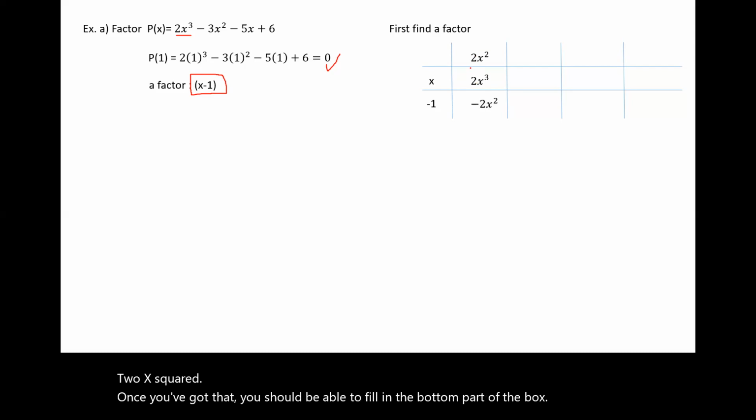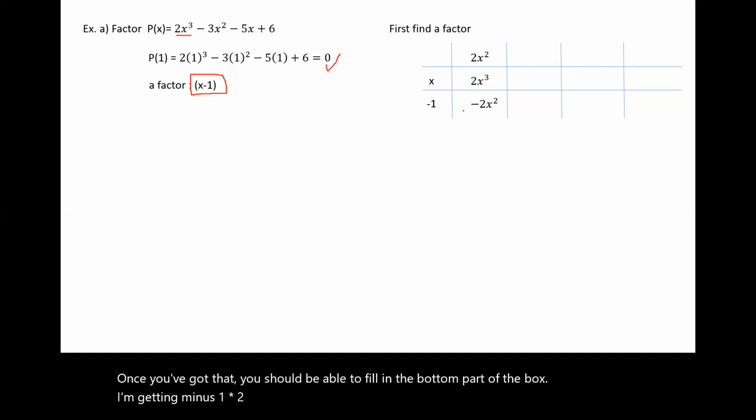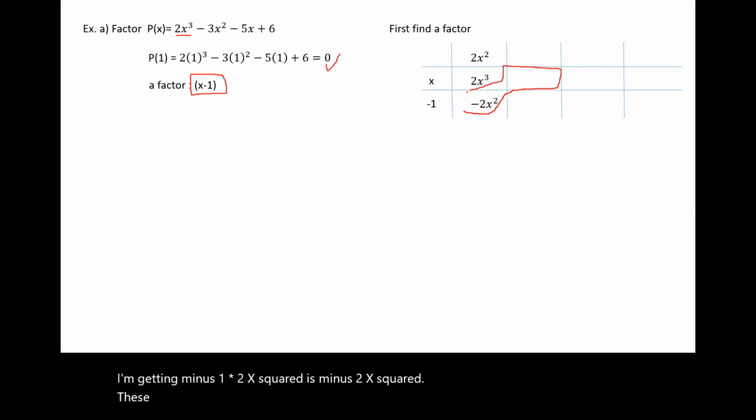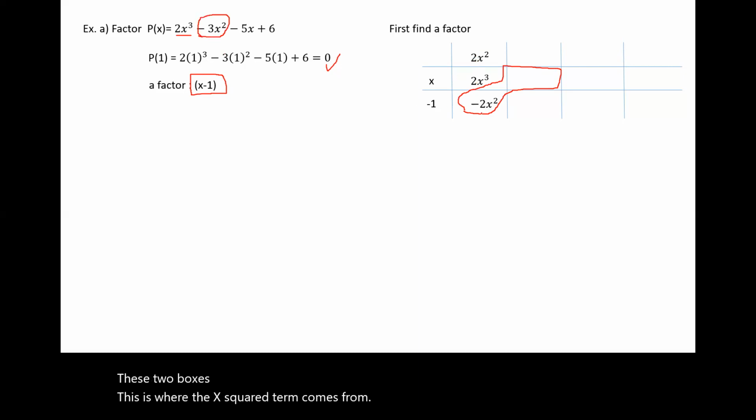I'm getting minus 1 times 2x squared is minus 2x squared. These two boxes, this is where the x squared term comes from. We have minus 2. We need a total of minus 3. I'd say we need minus 1 more. So those terms give us the minus 3x squared term.